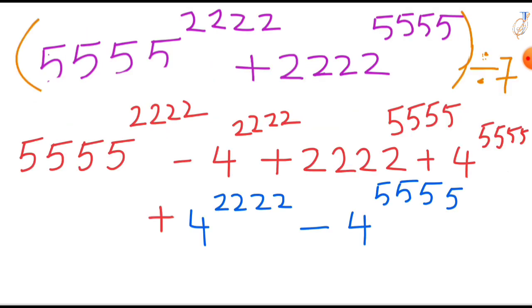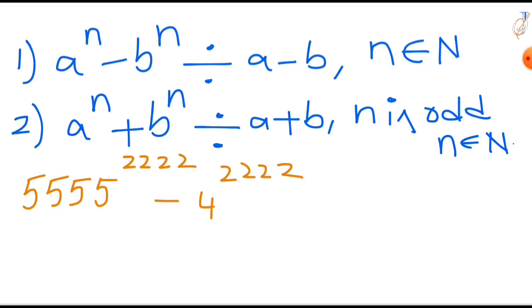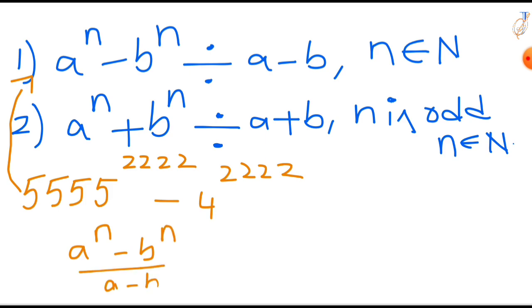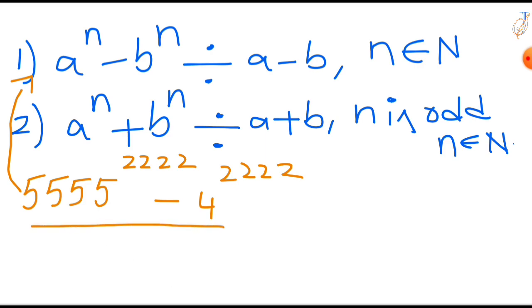So just take the first two terms. This expression is in the form of the first formula, that is a raised to the power of n minus b raised to the power of n is divisible by a minus b. Here n is a natural number, and the first two terms are divisible by a minus b. Here a is 5555 minus b is 4.